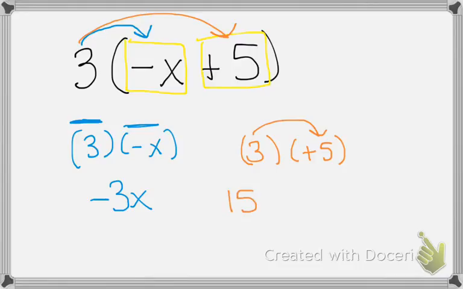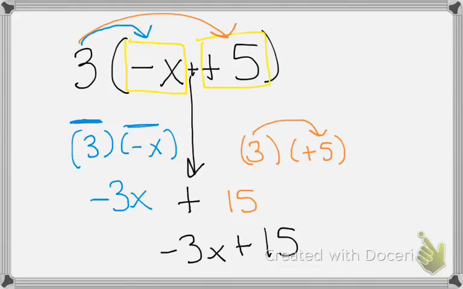And because I previously boxed my terms, I know that the invisible sign that I'm going to bring straight down is addition. This makes my new expression negative 3x plus 15. Let's try one that's a little bit different.